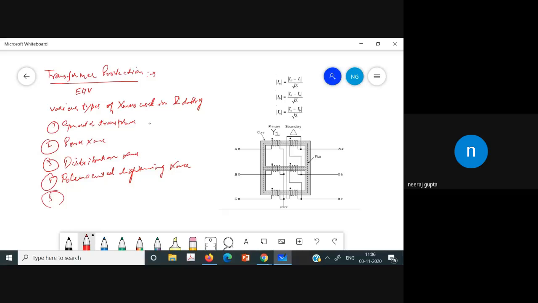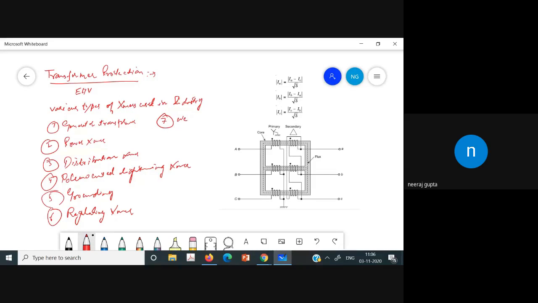Then we will have the grounding transformer, which is used for grounding purposes. Then we have the regulating transformer, which is used for regulating the voltage. Then we will have the welding transformer.